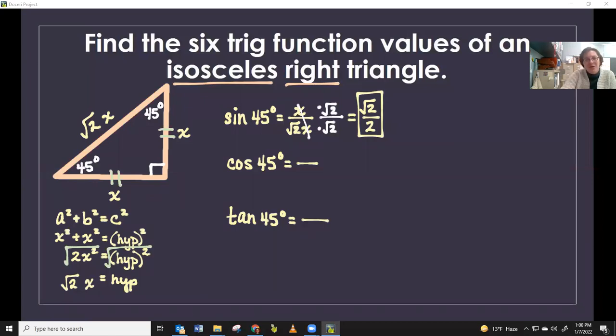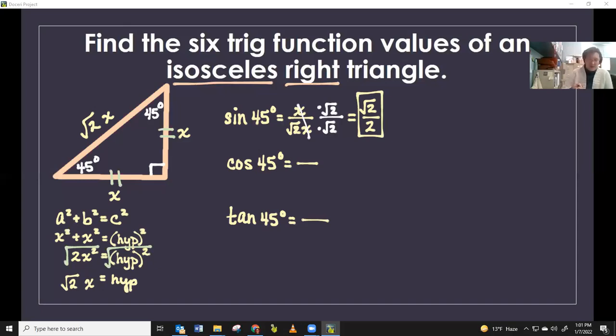No worries. Yeah, 1 over square root of 2. What would my cosine value be? What is the cosine of 45 degrees? So now we're doing adjacent over hypotenuse.